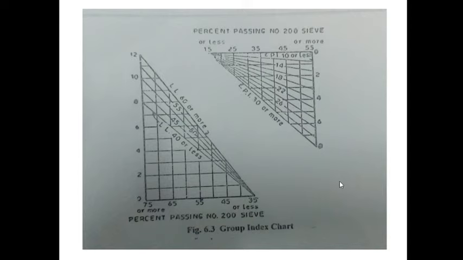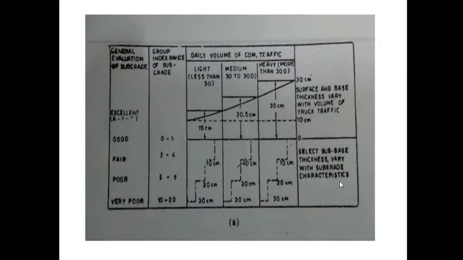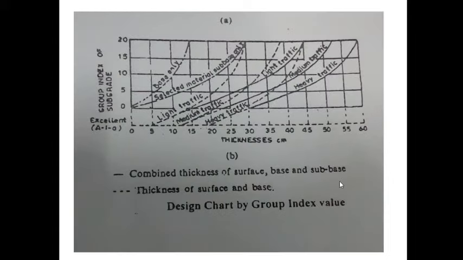Then using this group index value, we can find the thickness of the pavement. The thickness of the pavement can be determined by using another chart recommended by IRC. Using this chart, we can find the total thickness. Here there are various curves.